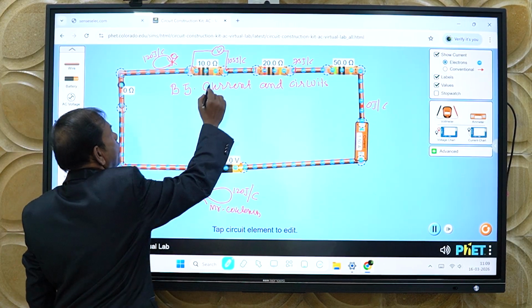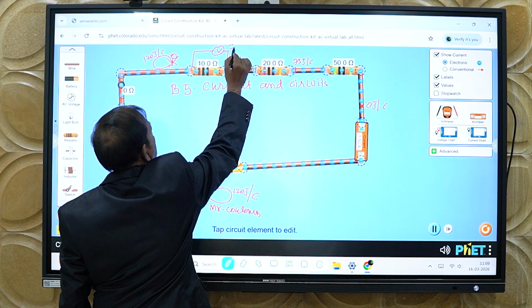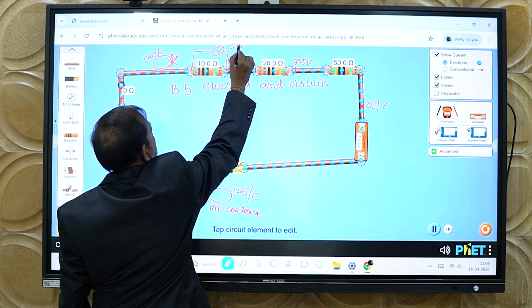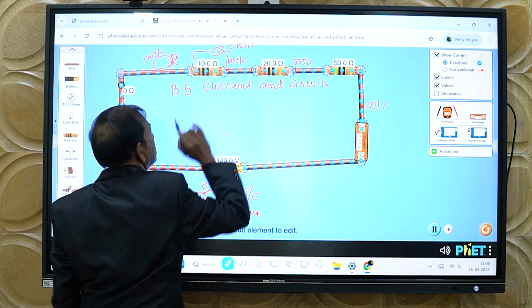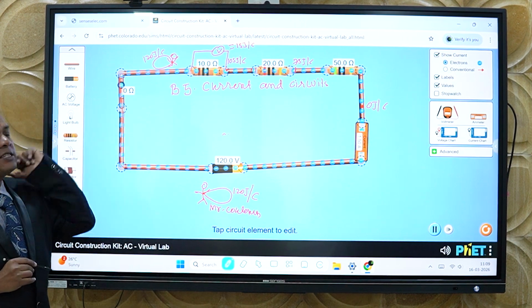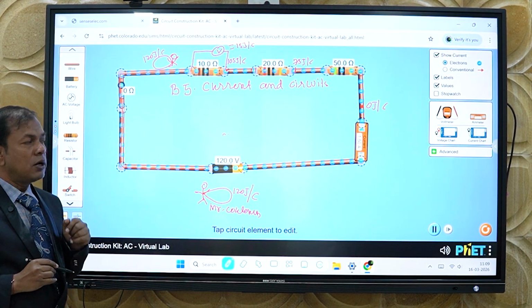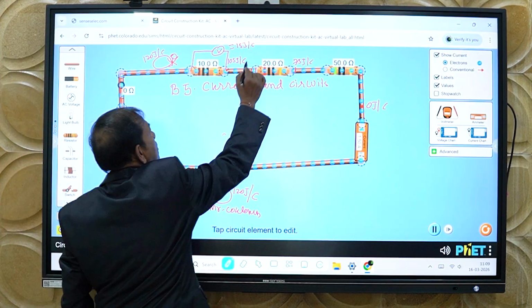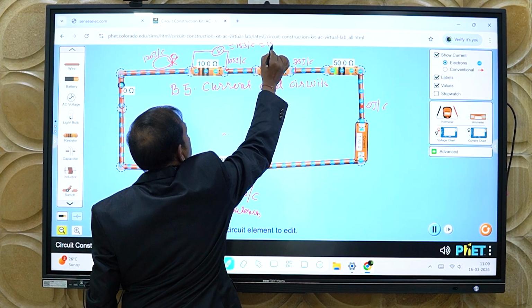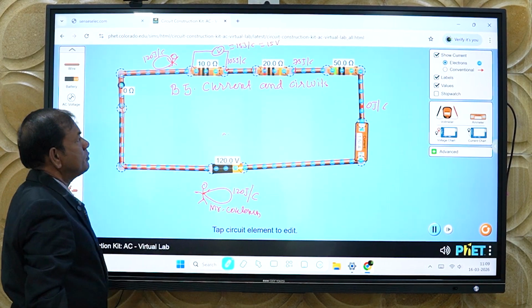So this potential difference here would be something like 15 joules per coulomb. But as this device was discovered by Mr. Volt, instead of joules per coulomb, we can write 15 volt here.